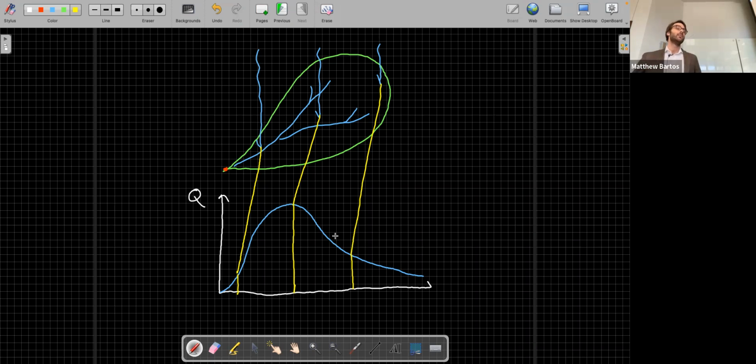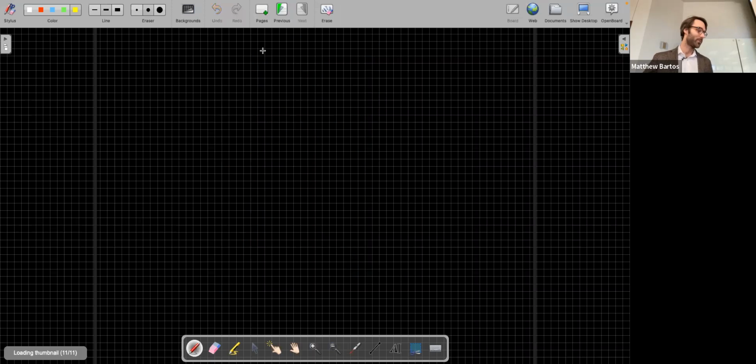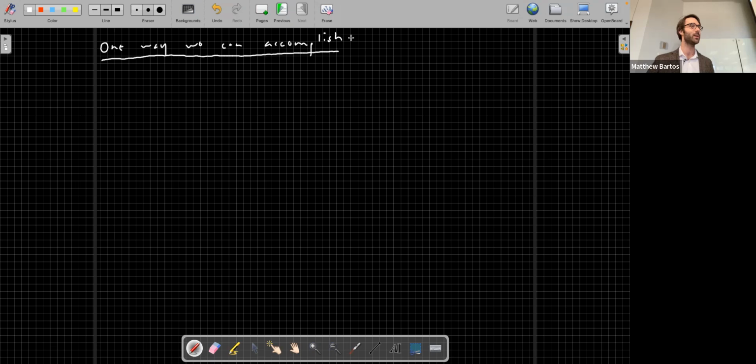So the idea of a unit hydrograph is as follows. One way that we can accomplish our goal of computing the runoff response to an arbitrary rainfall input is to characterize the response of the watershed to a unit impulse of rainfall.